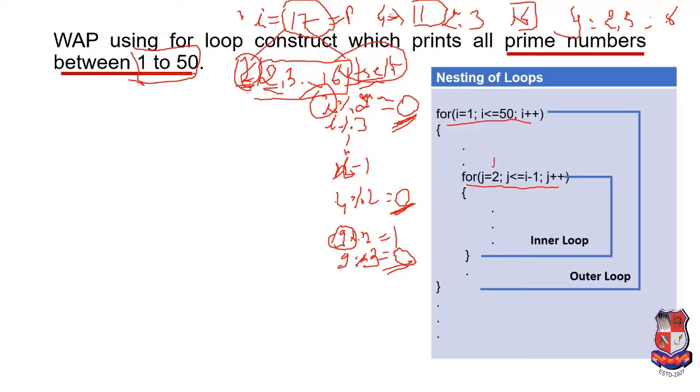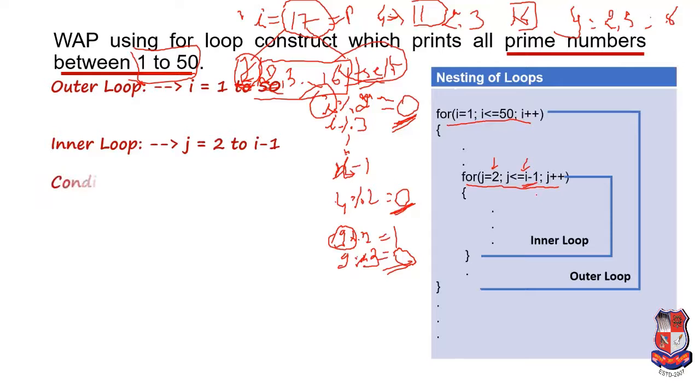We initiate that inner loop from 2 and end it at i minus 1, as we decided we have to leave 1 and the number itself. So the outer loop is for 1 to 50 and the inner loop is 2 to i minus 1.